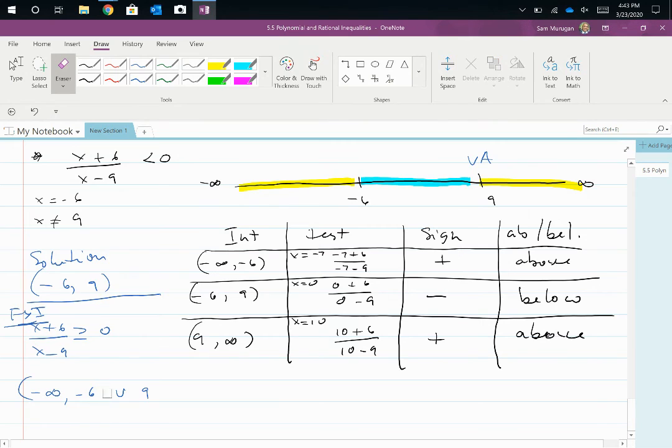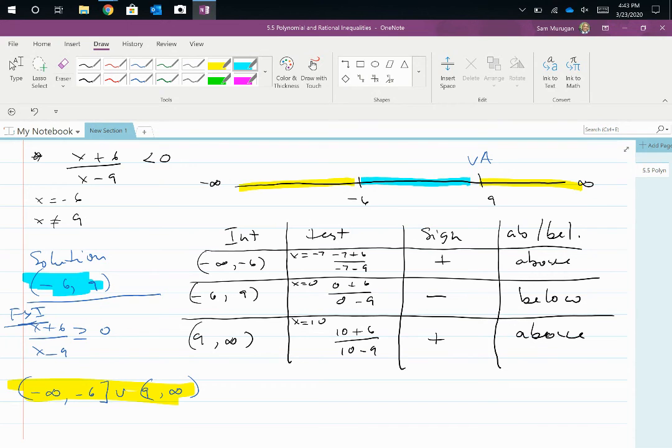But this 6 would have a bracket, and the 9 would have a parenthesis, because 9 is a vertical asymptote. So careful with this. I'm giving you both scenarios because the question might ask you for greater than, or it might ask you for less than.